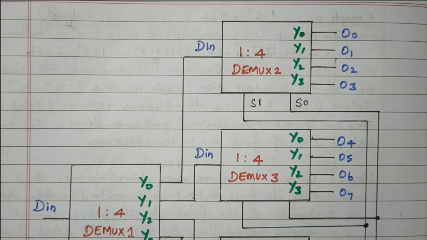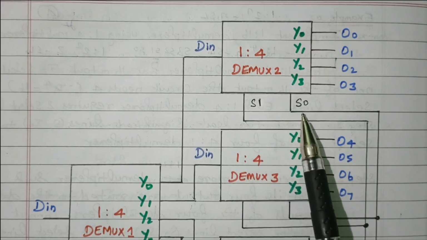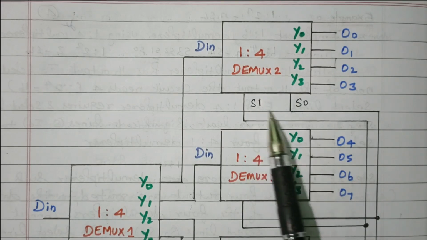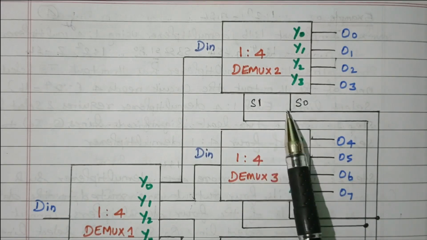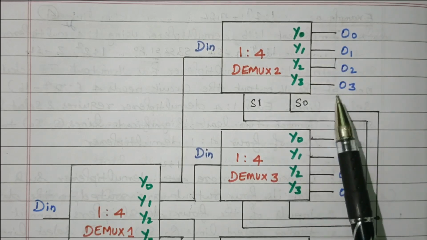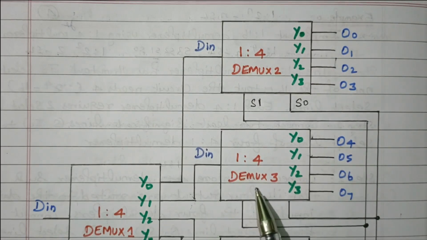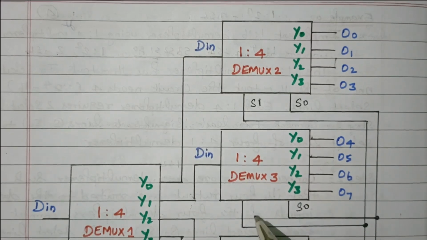So when the selection line is 0 0, dmux 2 will be enabled. In that, again 2 selection lines are available with 4 combinations, and based on that any one of the outputs will be enabled, and the remaining are 0. Suppose the selection line is 0 1, then dmux 3 will be enabled, right? In that, again it is connected with S0 and S1.